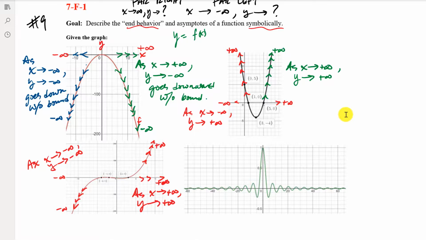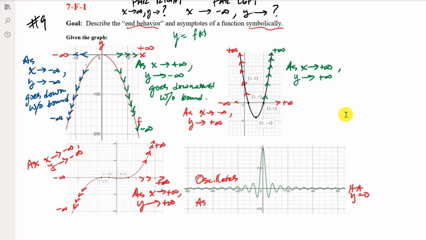And then on this next one here, there happens to be a horizontal asymptote, HA, at y equals 0. All right, so when you go to the left here, notice that the function oscillates, goes back and forth, and it approaches the x-axis here, which happens to be y equals 0.